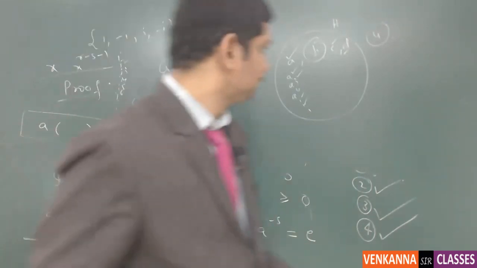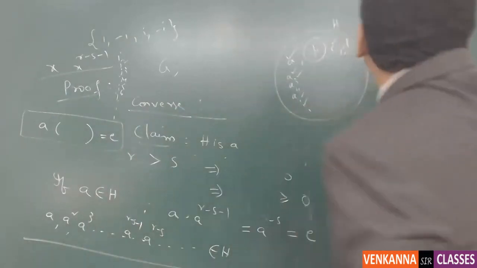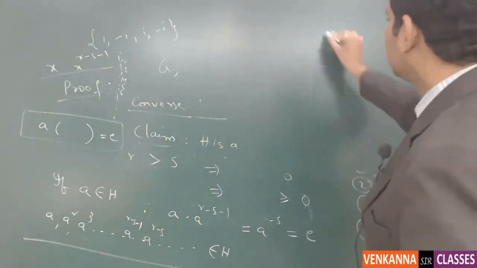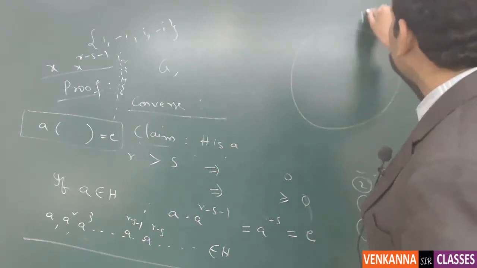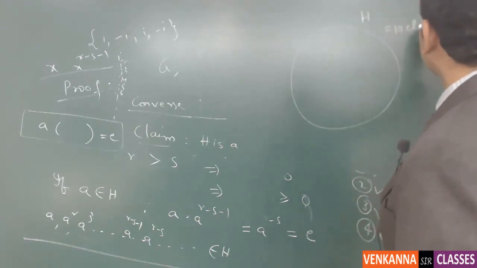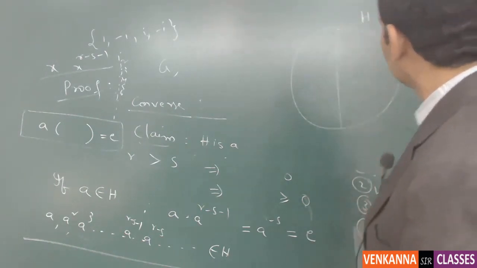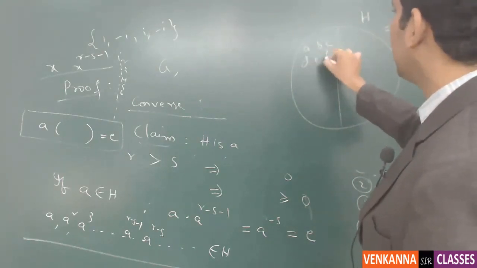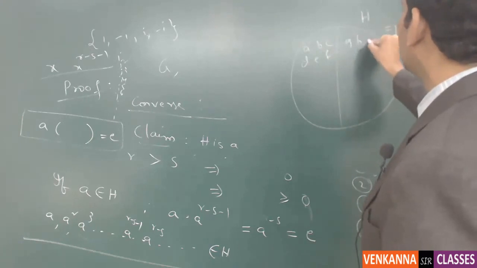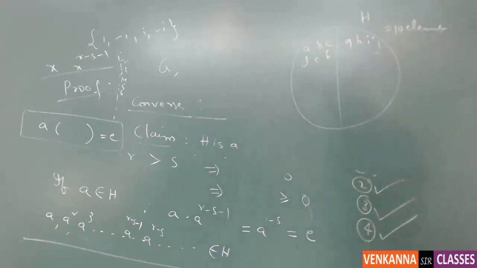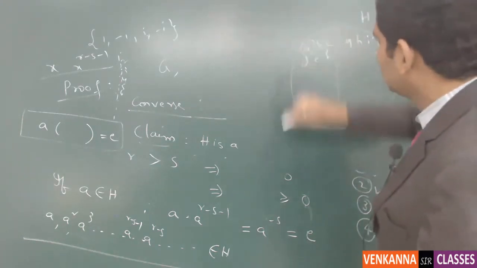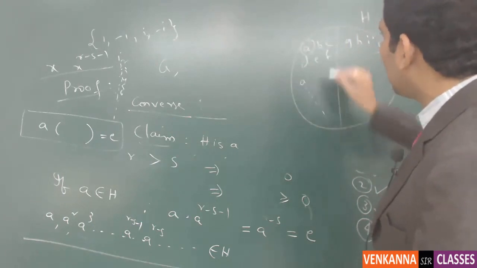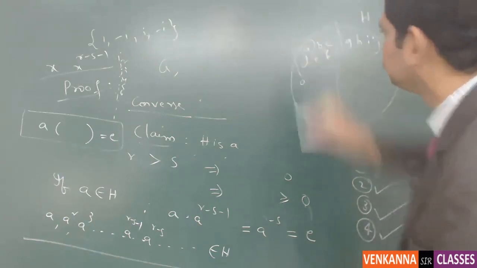Suppose we take the other possibility, that H has 10 elements. Let me say A, B, C, D, E, F, G, H, I, J. Now, if I fix A, while raising the powers of A, I am getting these elements.